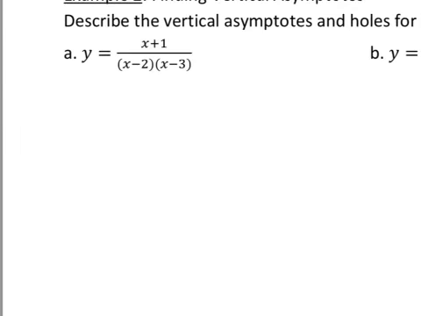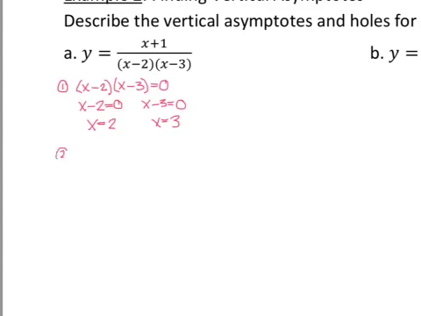All right, for our first example, remember our first step is to find the zeros of the denominator. So we set the denominator equal to 0 and solve. We set each factor equal to 0 and get x by itself. So the points of discontinuity are at x equals 2 and x equals 3. Next step is to figure out the zeros of the numerator.